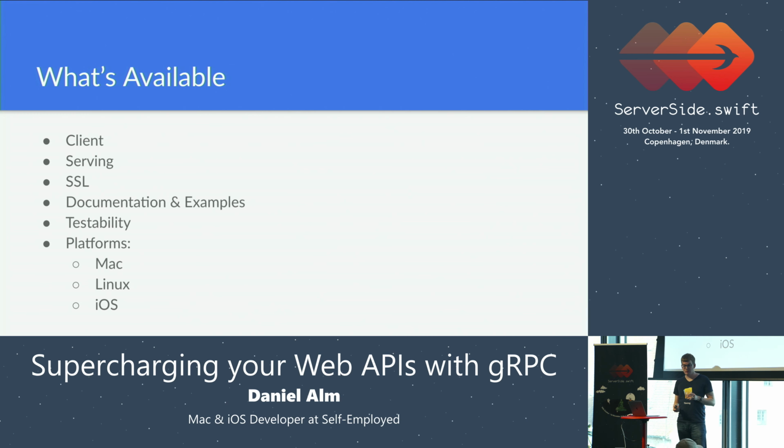We're already supporting Mac, Linux, and iOS as the platforms. I think that tvOS should be supported as well. watchOS I'm not quite sure about, because their networking stack used to be a bit peculiar, but that might have become better with watchOS 6. Also on iOS, we get the Neo transport services for free, for example, which makes background transport much easier, similar to what NSURLSession did for HTTP.